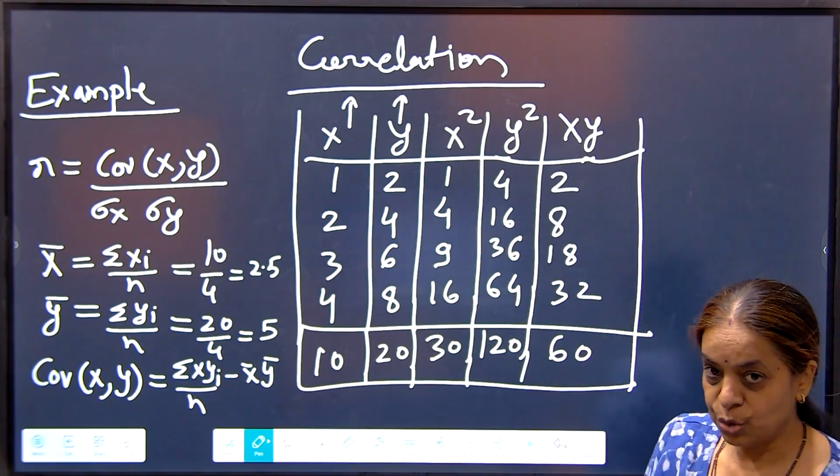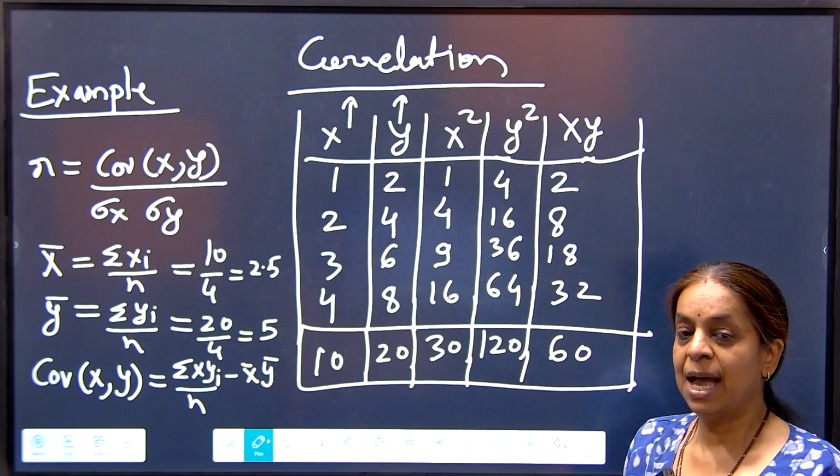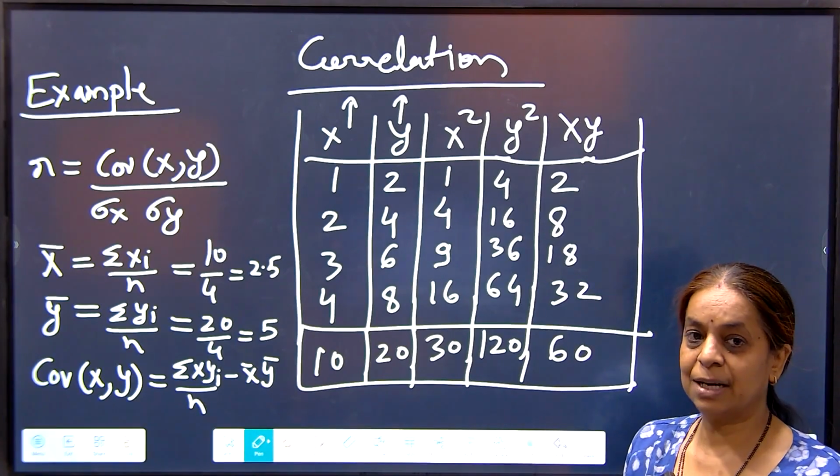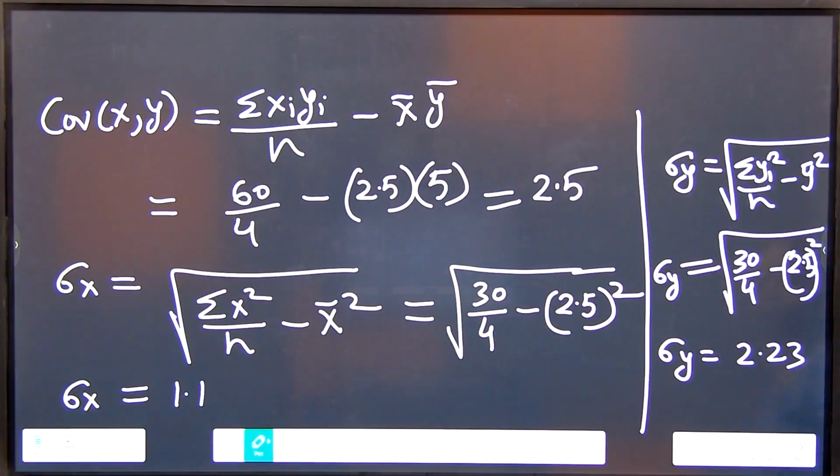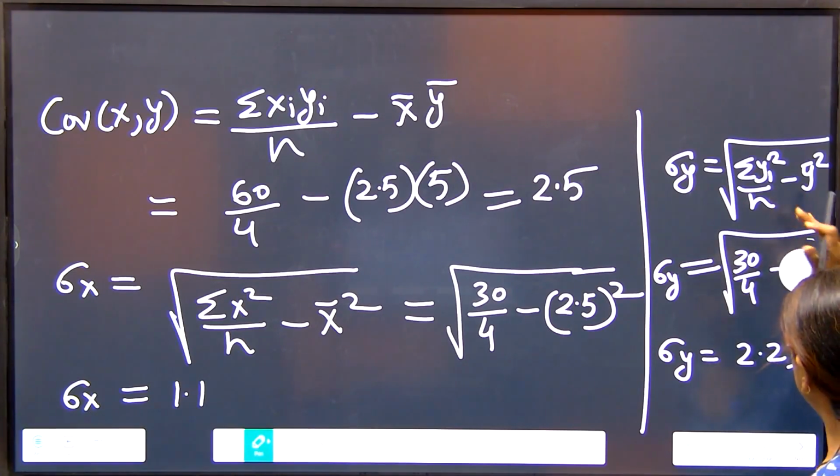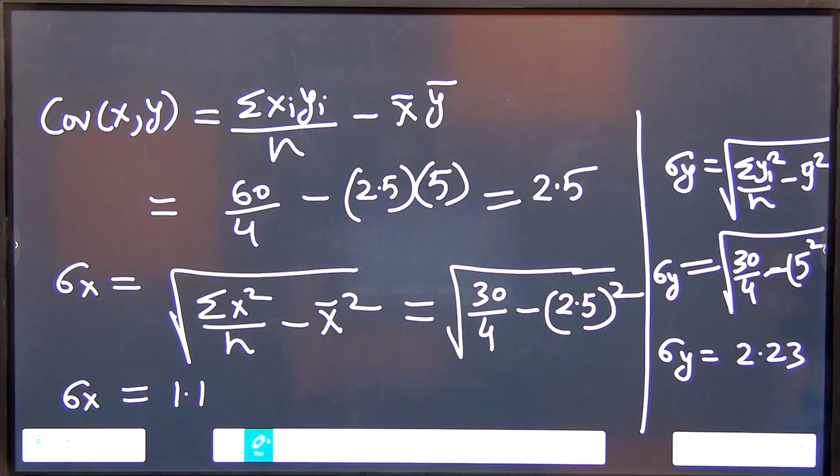Now using all these columns, I will get the respective totals. Here it is 2.23 for sigma y. Now I have got 2.5 as covariance of xy, sigma x as 1.1, sigma y as 2.23.